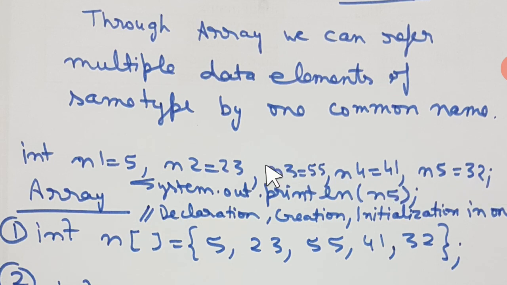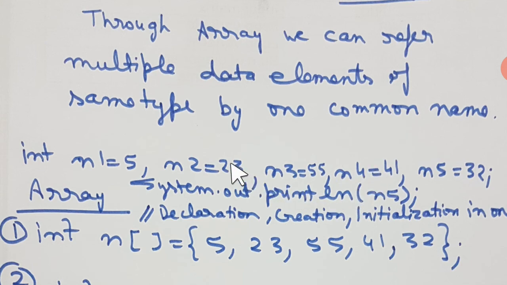It simply means all the variables n1, n2, n3, n4, n5 are of int type. n1 has been given the value 5, n2 the value 23, n3 the value 55, n4 the value 41, and n5 the value 32. So 5 variables initialized with different integer literals.